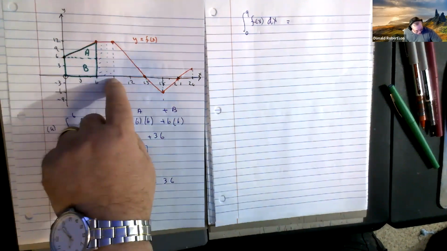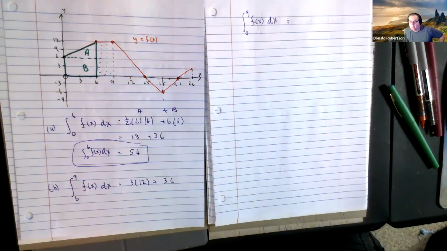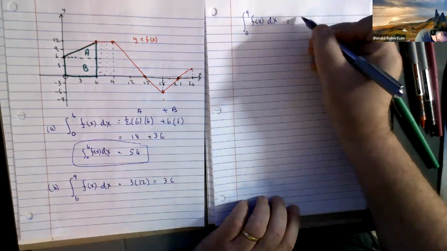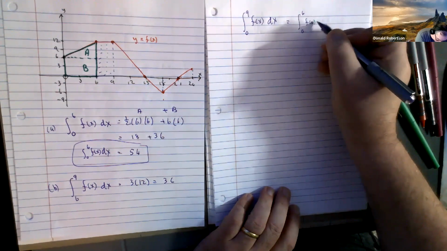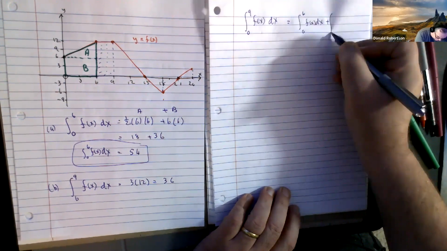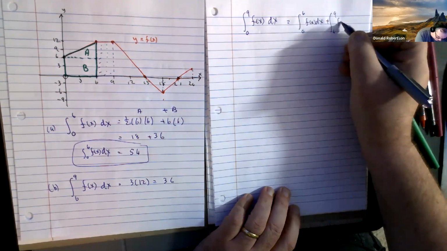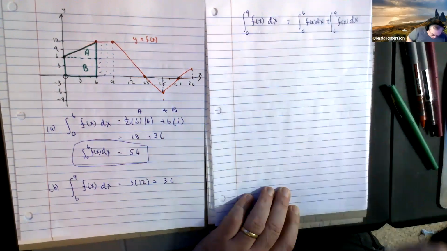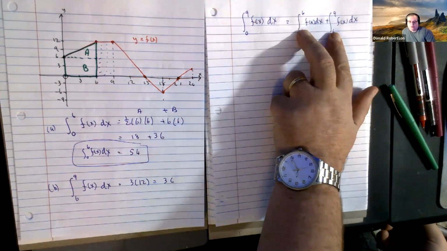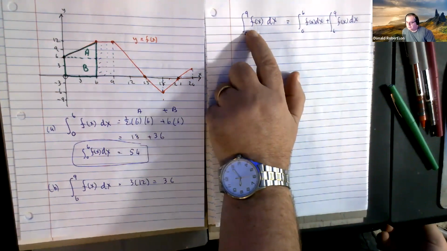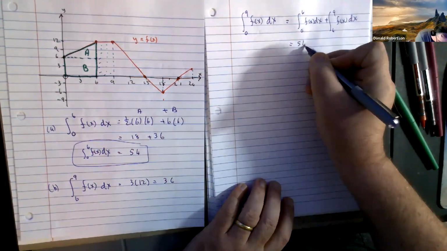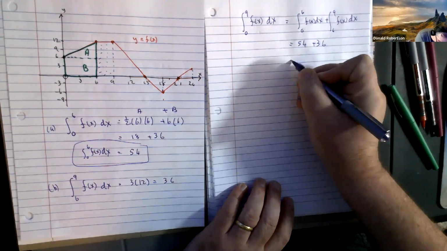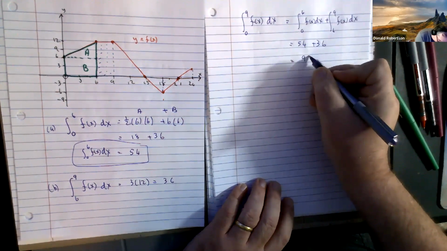How would I get from there to there, that area? You would add them? Yeah. You would take the integral from 0 to 6. That's the area, right? And you take 6 to 9. And there's a little bit of simple algebra. Wouldn't these two combine to be the same as that guy? And so you add them. So you got a 54 and a 36. And that's 80, I believe. In this case, it's 90.